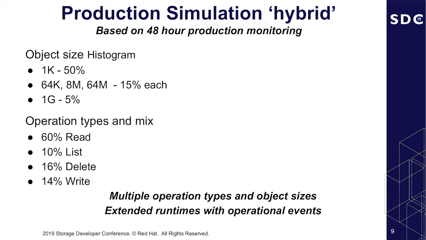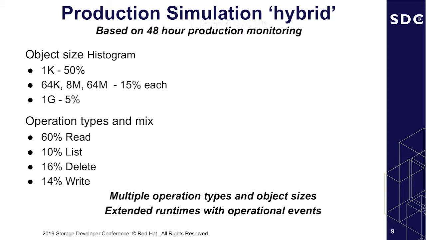Now, some of the operation types don't require in your workload specification an object size, right? If you're doing a list on a specific container with a specific bucket, with a specific object, you're not handing that operation an object size. But certainly with the writes you are.